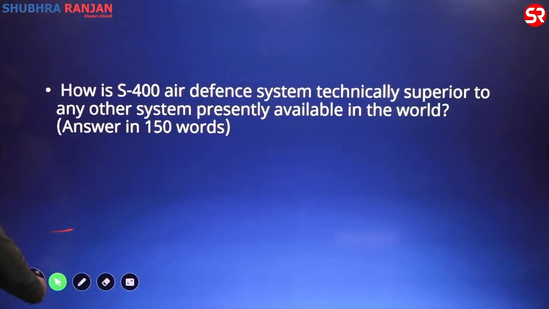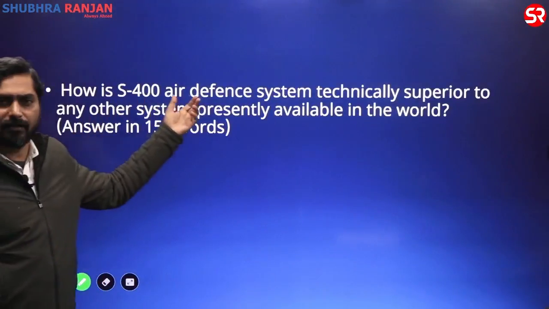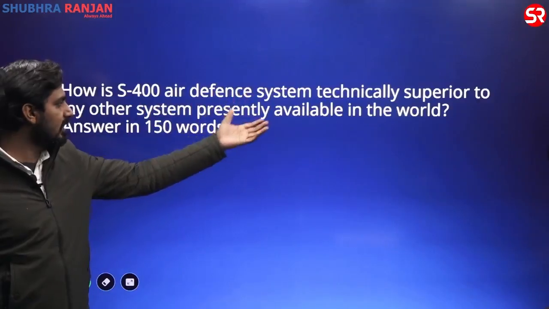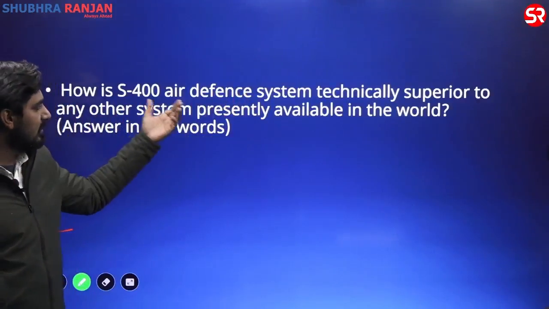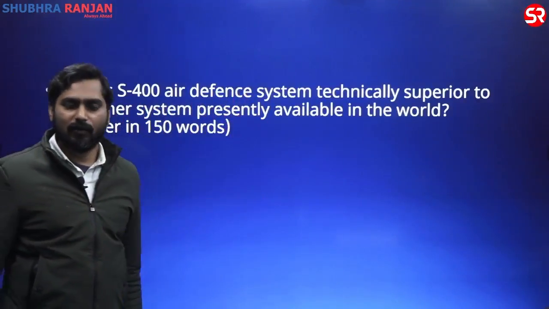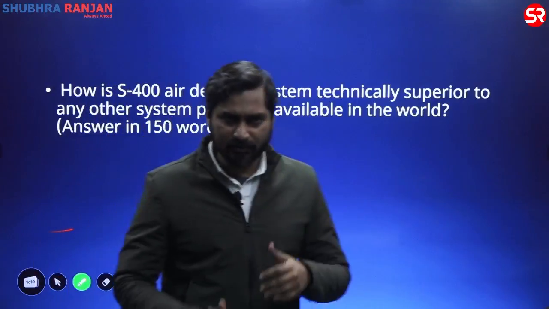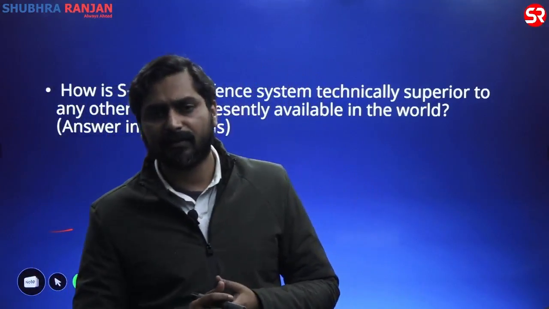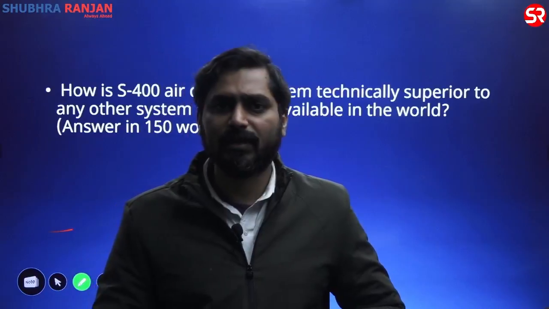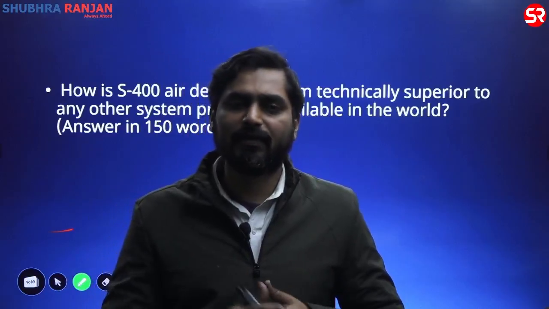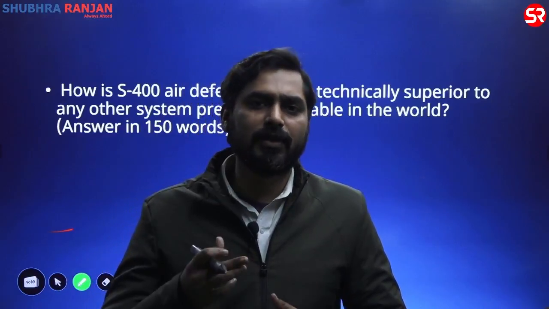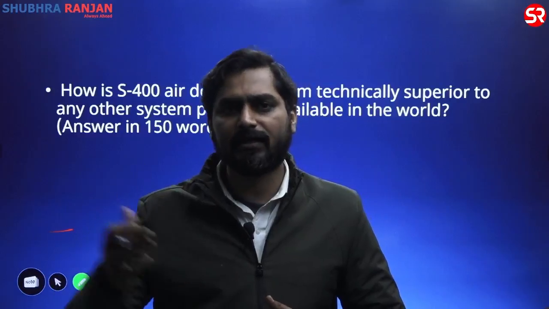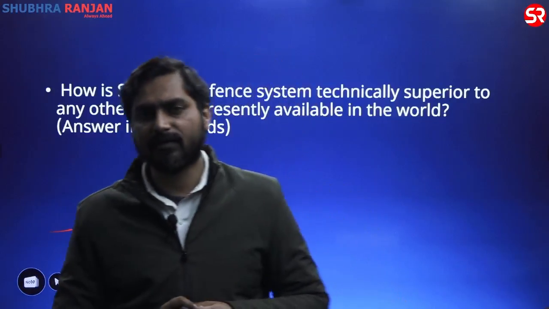Now, this question: S-400. How is the S-400 air defense system technically superior to any other system available in the world? This is a fact-based question. Only if you have read it properly could you differentiate between the S-400 and other types of air defense systems.